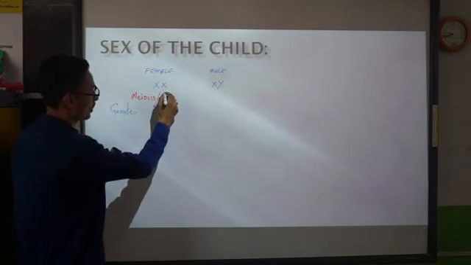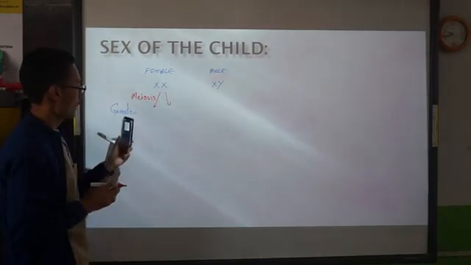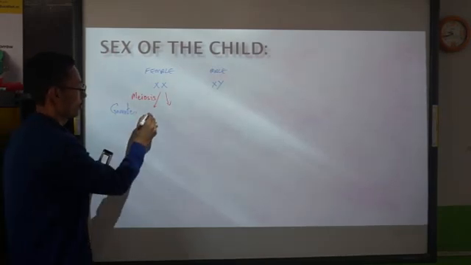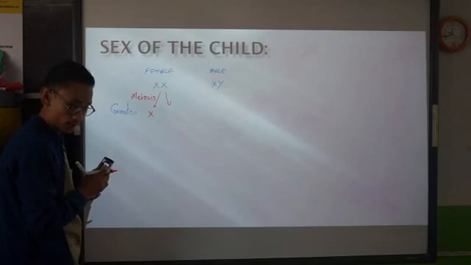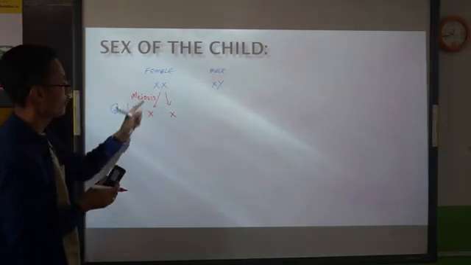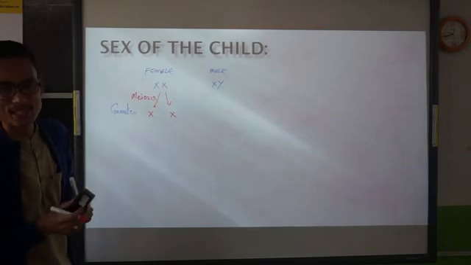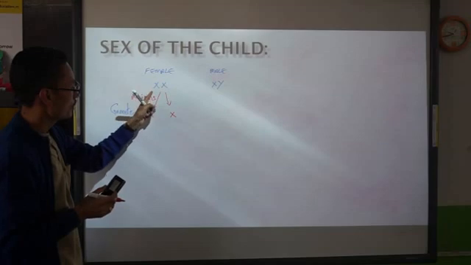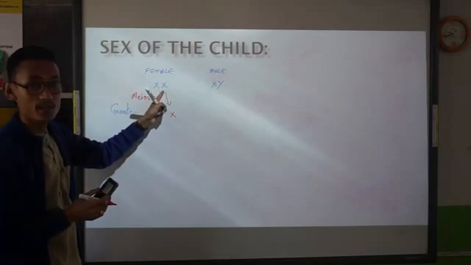So when we write down the type of gametes formed from the female, we'll find one X chromosome and another X chromosome. That means the female is homogametic. Why do we call it homogametic? Because both the chromosomes are same.